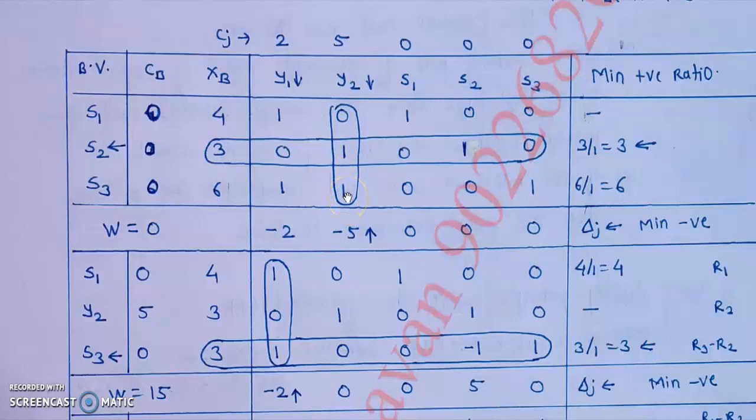This is 1, so R3 contains 1, and using the R2 element, which is also 1, we do the row transformation R3 minus R2. Since new R2 is the same as old R2, we use it directly. So we get 1 minus 1, 0 here, 1 minus 0, 1 here, 6 minus 3, 3 here, 0 minus 0, 0, then 0 minus 1, and 1 minus 0, 1. This way the new table is also filled.